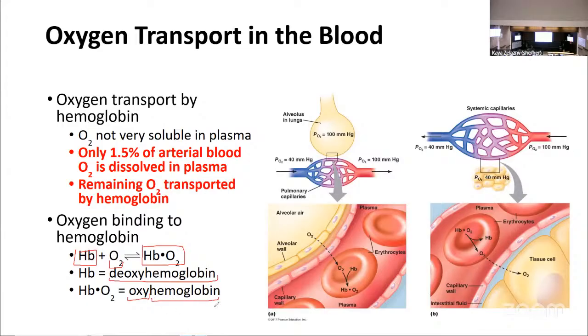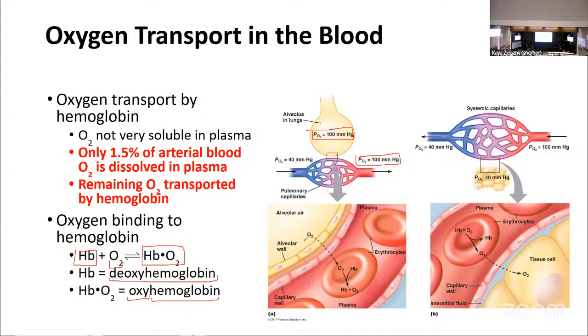What we're actually looking at when we look at this diffusion of oxygen in the lungs is these partial pressures of oxygen coming to equilibrium between the alveoli and our bloodstream, at this partial pressure of 100.